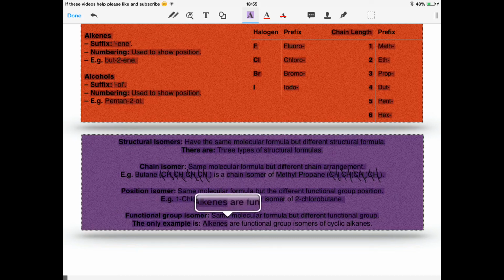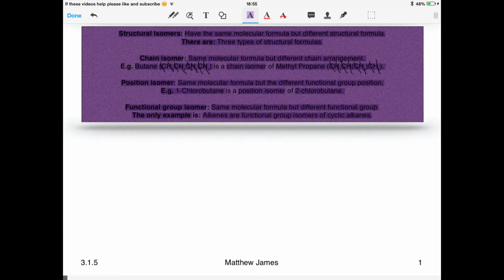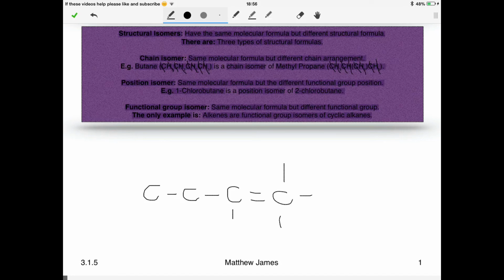If you want to see why, say for example if we had butene, make that but-1-ene, and I'm just going to do sticks for my hydrogens. The only functional group isomer of this, where we can change the functional group, is by making this cyclic.